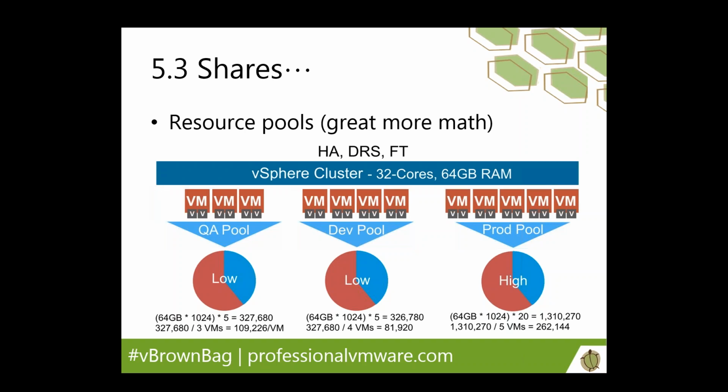I've also gone into environments where the person who set up the resource pools knew that and they set them up properly, but over time they weren't managed. So they might have set up this low, high type example, and this happened to work on the day it was set up, but over time the production environment grew and the QA and dev pools didn't, and more VMs were being added to the production pool to the point where, thankfully, we noticed it before there ever was contention, but it was at the point where the production resource pool actually would have had less resources per VM than the QA or dev pool.